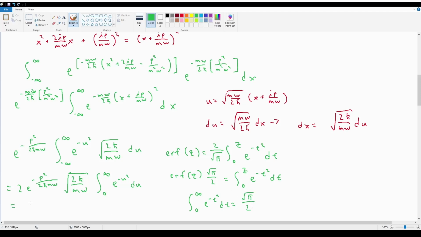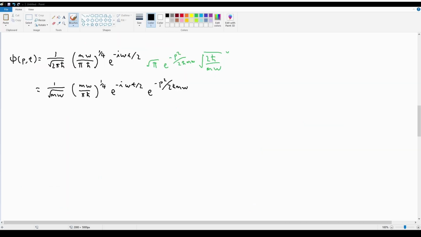So the 2 at the front cancels, and this is going to be root pi times e to the negative p squared over 2h bar m omega times the square root of 2h bar over m omega. And with that, we're ready to plug this in and solve the remainder of the problem.